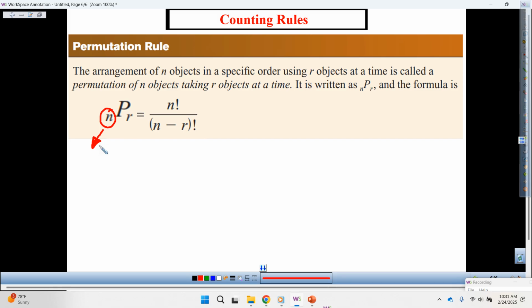Tell your neighbor what n represents. Then Maximus will enlighten us. What does n represent? We've been using this n forever. What does n represent? Maximus.